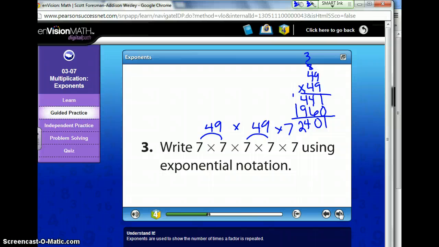Did you get the same answer I got? 2,401? Check your partial products against mine.